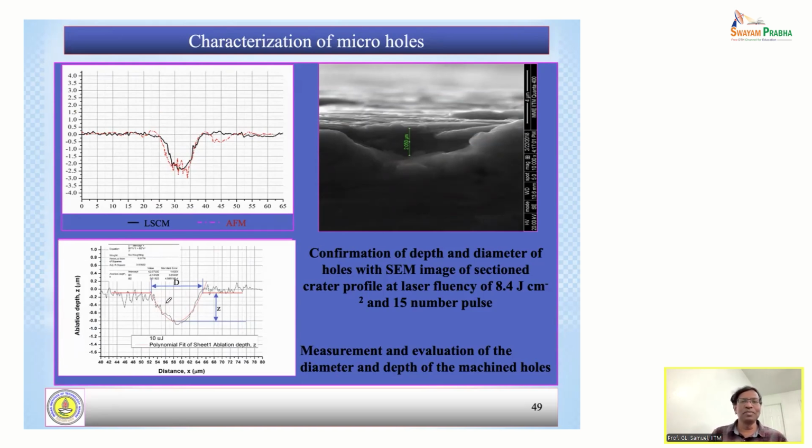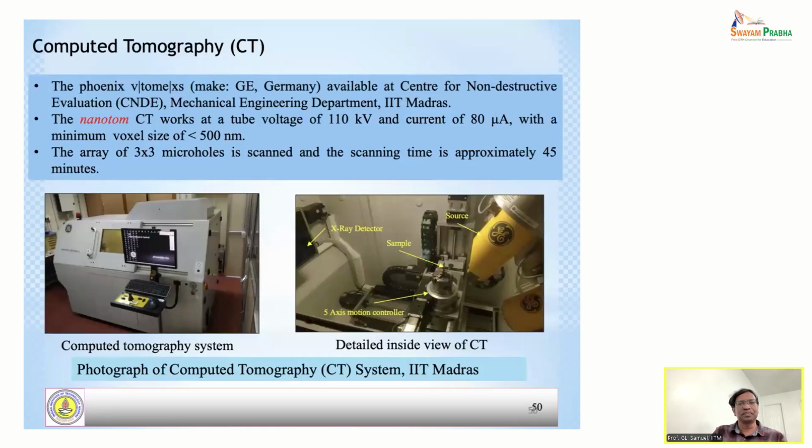We put them all together and tried to reconstruct the exact profile you get when you put one pulse, called a single pulse. We can put a single pulse, or 5 pulses, 10 pulses, or multiple, and study what is going to happen. Also about CT, we told you yesterday.